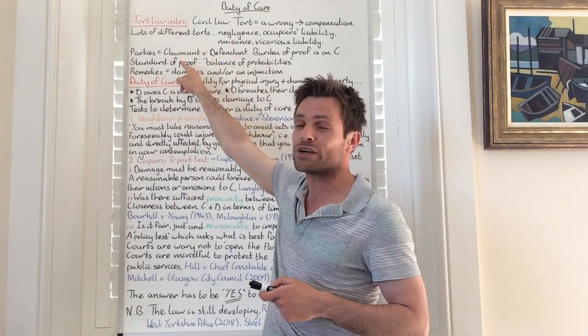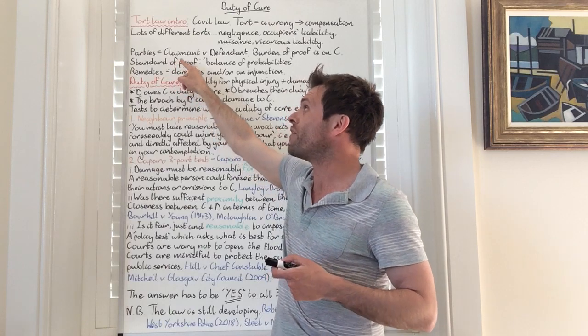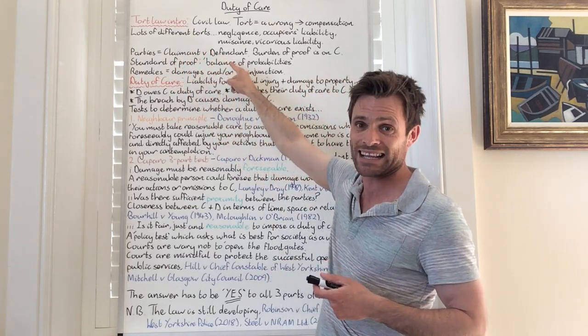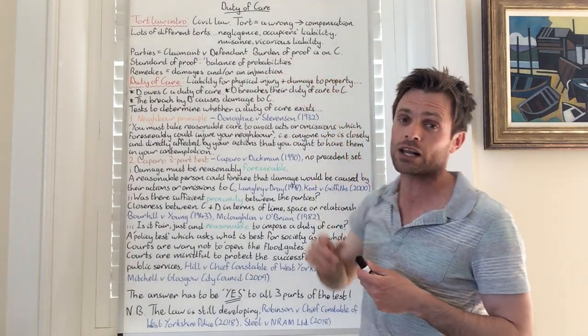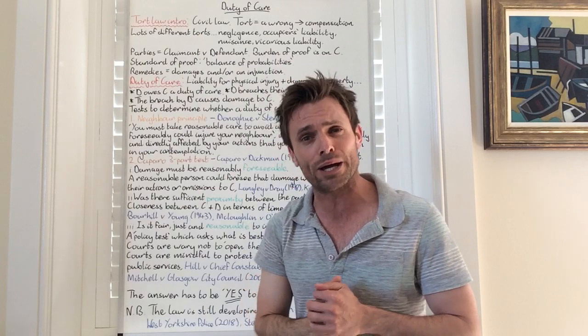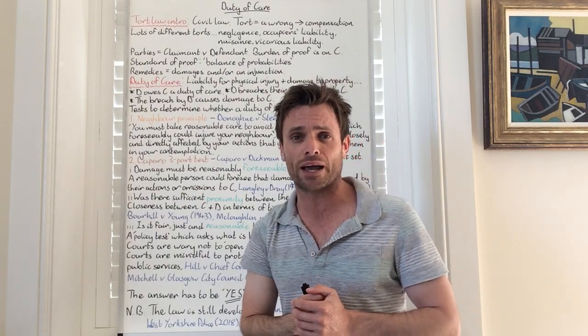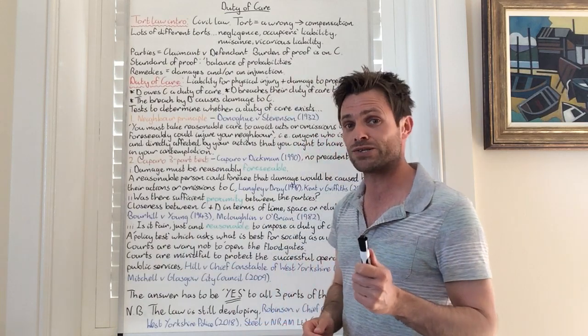The claimant feels that a wrong has been committed against them, they want compensation, and therefore they make a claim against the defendant. As such, the burden of proof is on the claimant to prove their case. They have to work a little bit harder in order for their claim to be successful.